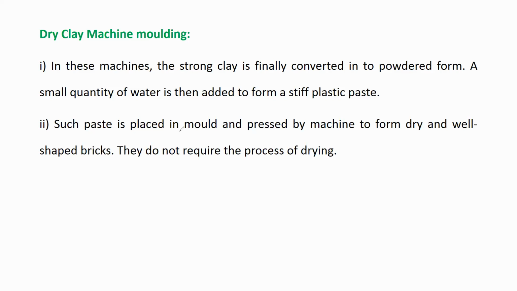In machine molding, we have two types: plastic clay molding, which we have discussed already, and now we are discussing dry clay molding. In these machines, the strong clay is finally converted into powdered form. Whatever clay we have prepared for bricks will be converted to powder.